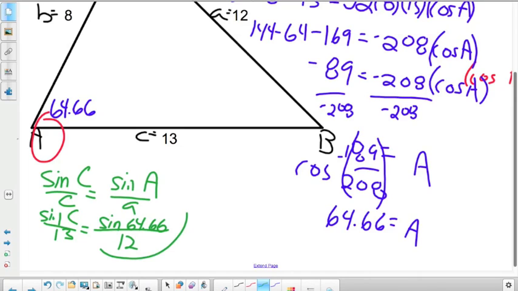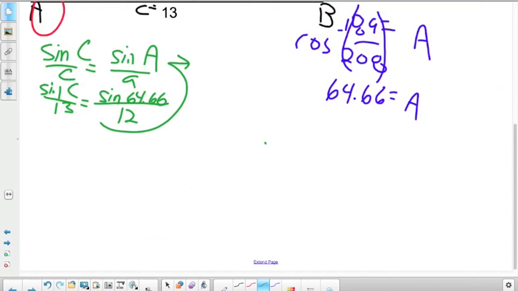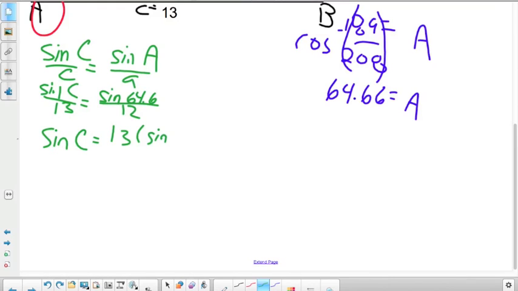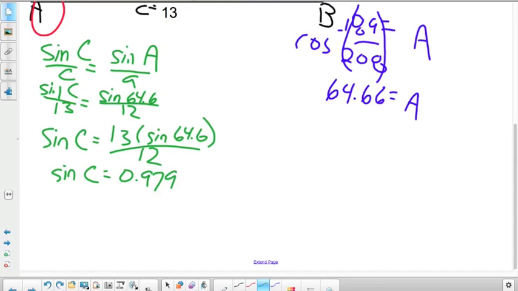So sine of C is 13 times sine of 64.66 all over 12. So what's the sine of C? So sine of C is 0.979 roughly.